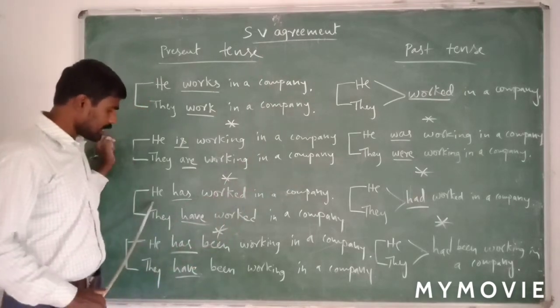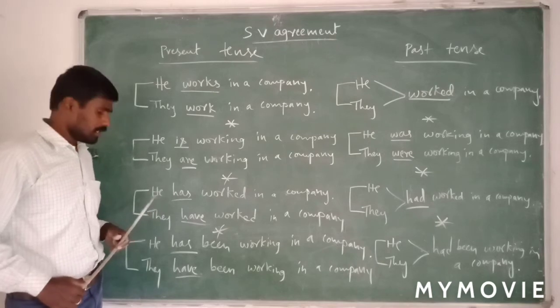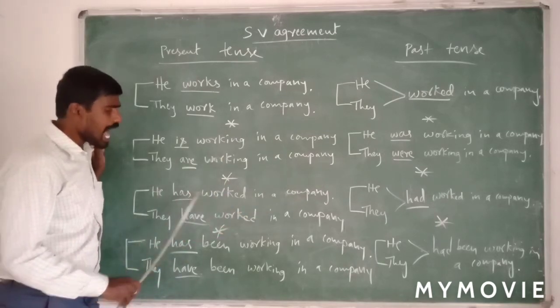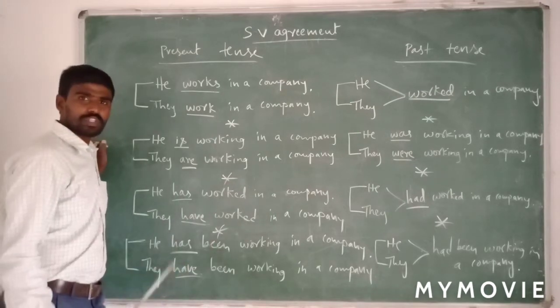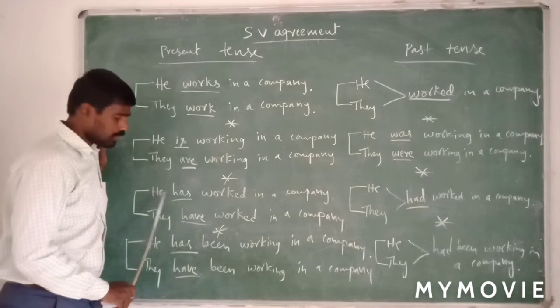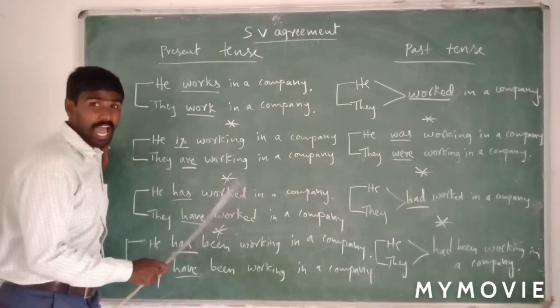So if you look at the next example, that is in perfect tense, present perfect tense, past perfect tense. We have he has worked in a company. So whenever there is a subject, if the subject is singular, we use has. This is have verbs.